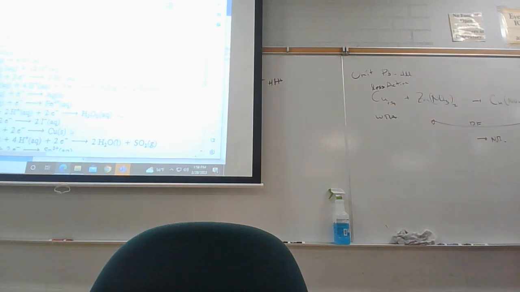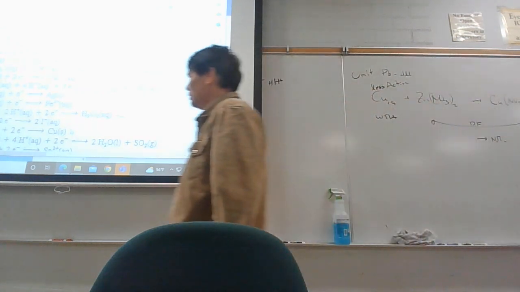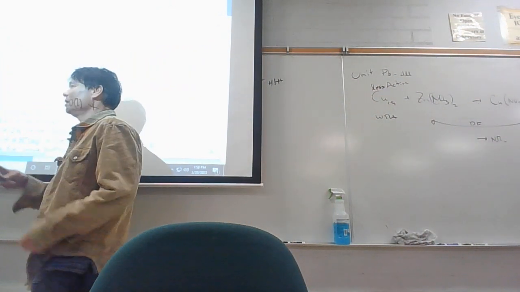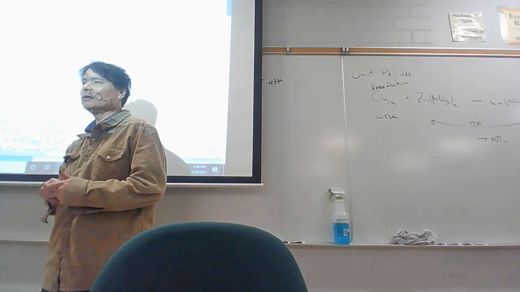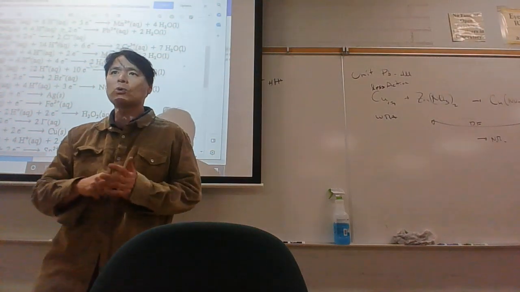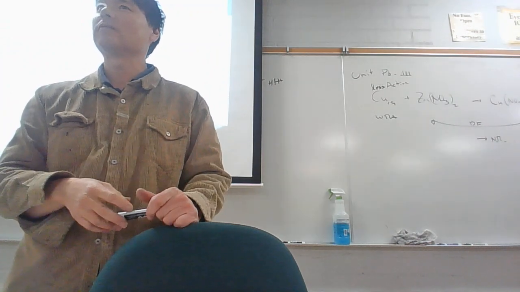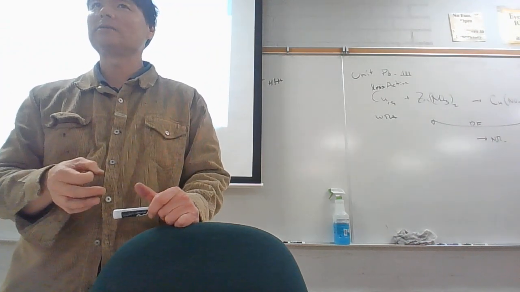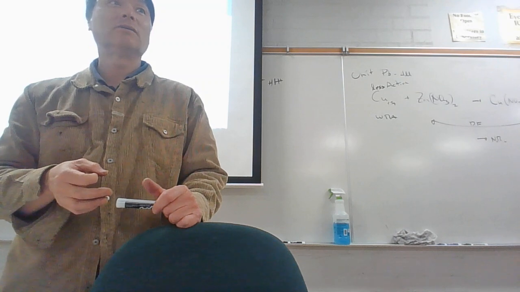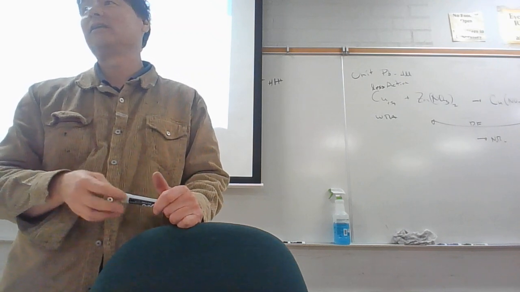Okay, now I don't think you need the chart. Which one do you think is more stable, silver metal or copper metal? Like quarters versus pennies. Which one will last longer? Quarters versus pennies. Or do they last the same?